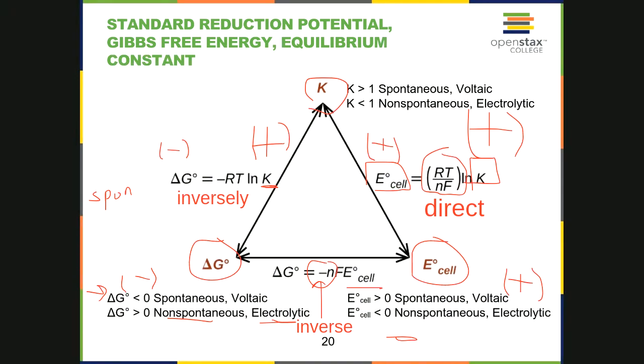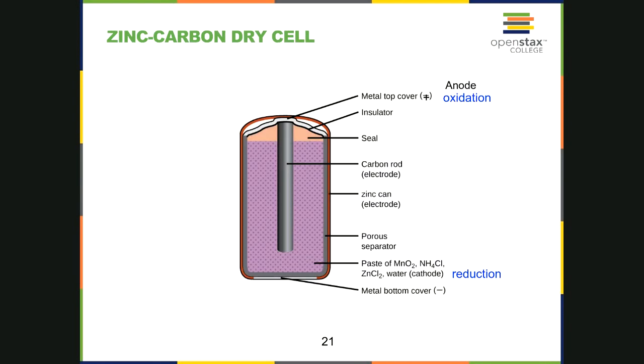So what we'll do now is look at some examples of batteries that are using voltaic cells. First one up is the most simplest, well, not really. The most simplest is the voltaic cells like we were just looking at. But the most practical version of this is the zinc carbon dry cell. So we don't have any liquid involved. It's just dry materials. But you still have a cathode where the reduction is occurring, and you still have an anode where oxidation is occurring.